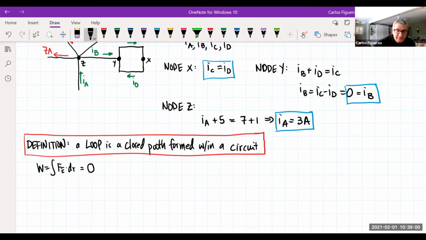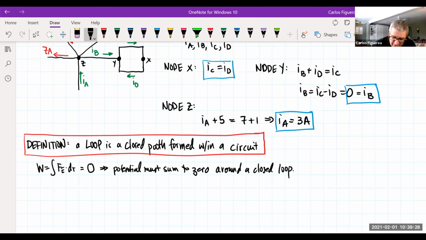But what's proportional to the work is potentials. So this tells us that potentials must sum to 0 around a closed loop. That's what that's really telling us.